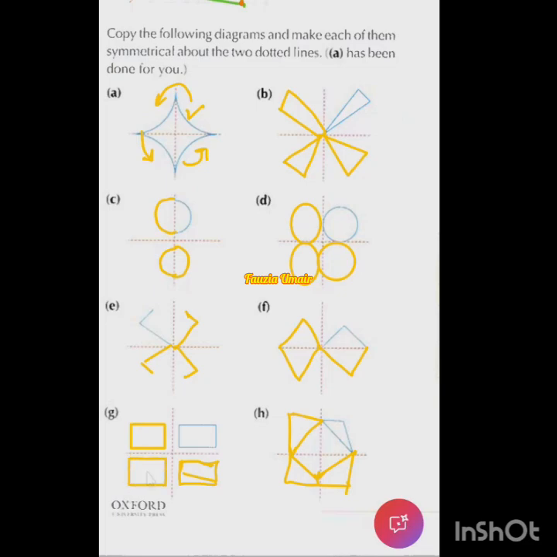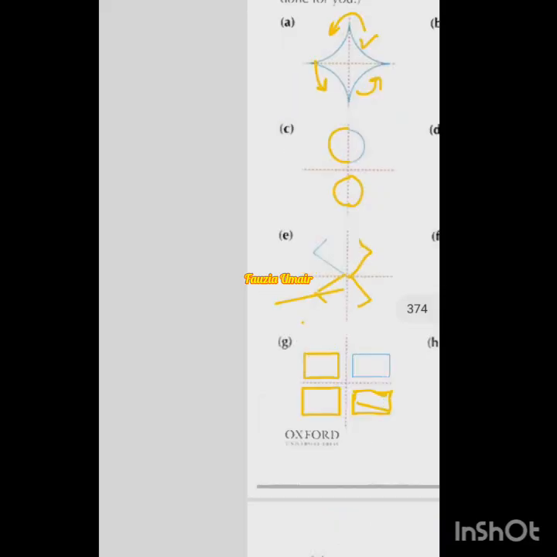Right? Because the two dotted lines are reflective lines or symmetrical lines, this will happen. It's like they both are mirrors, and definitely there would be a reflection in that mirror. Right? Yes, ma'am. All right.